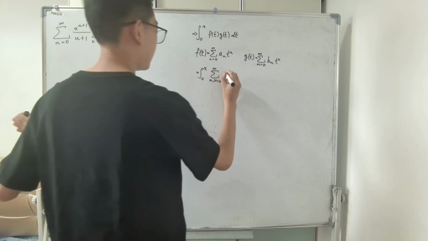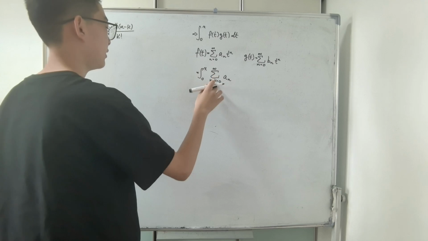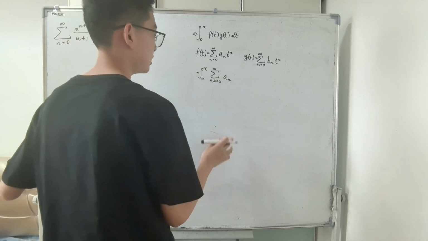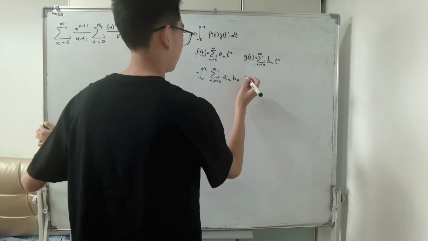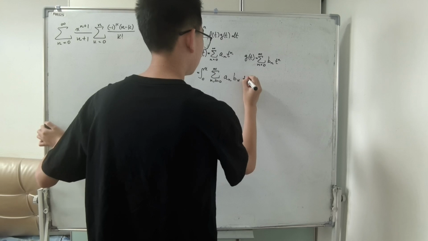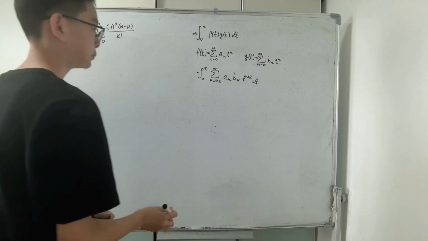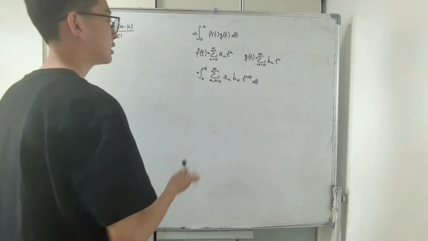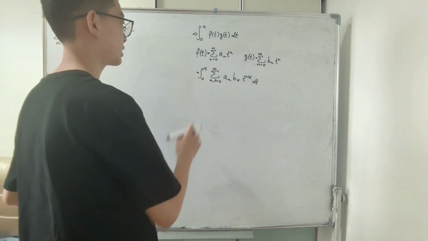We say that n corresponds to f and k is the g index, so a_n and b_k, and then t to the n plus k, and then dt.